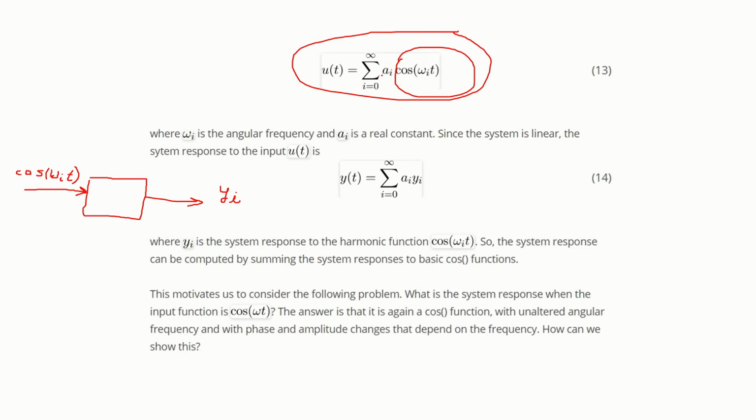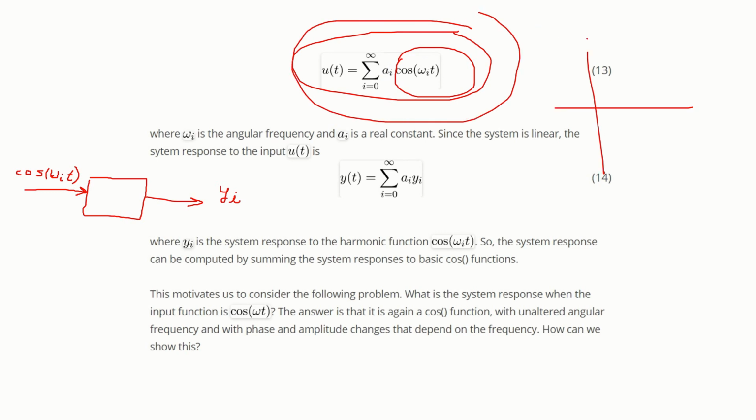In our previous slide, we have denoted a_i by s_i, but these are minor differences. So this is the general form of the input signal. This can be, for example, a step function, a sawtooth function, etc.